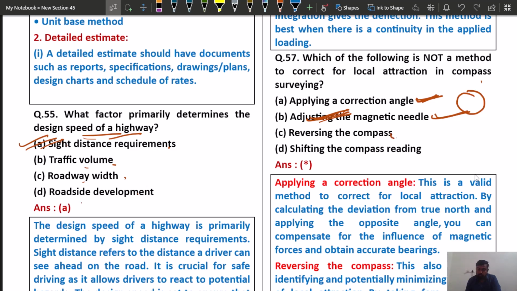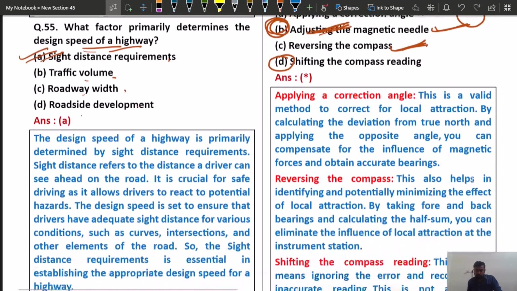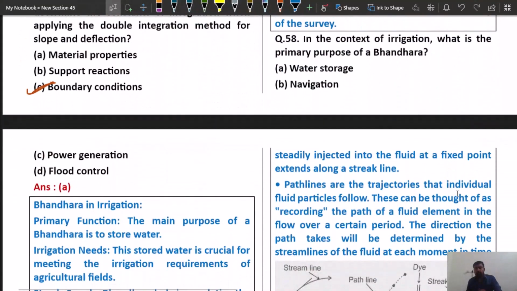Reversing the compass is a process by which we correct the local attraction in compass surveying, so this option is correct. Shifting the compass is also not used. So in this question there are two options which are not used for the correction of local attraction, so this question is wrong. Now proceeding on next question.